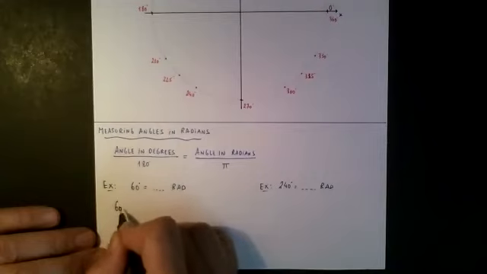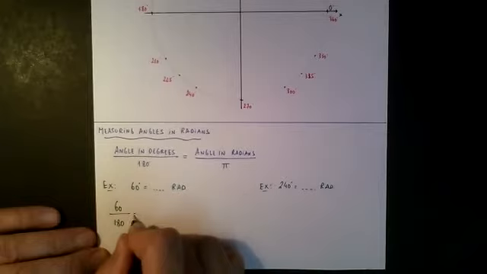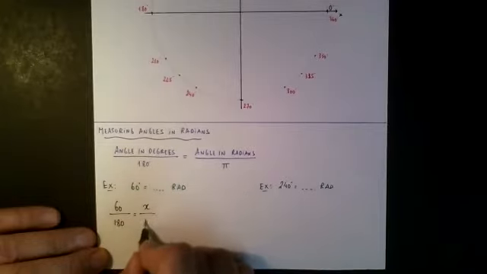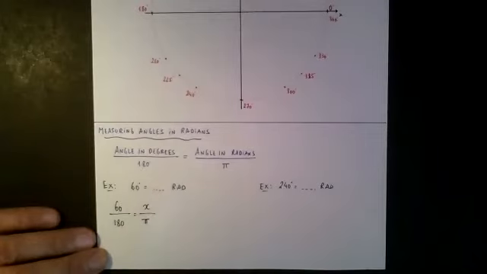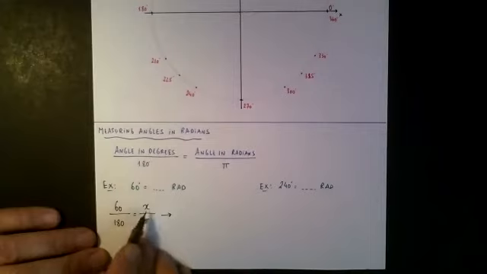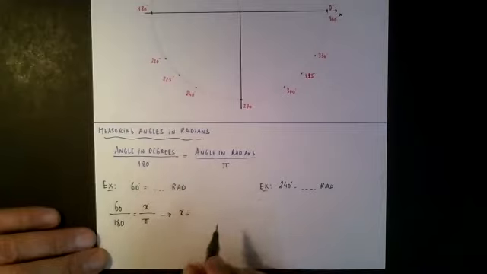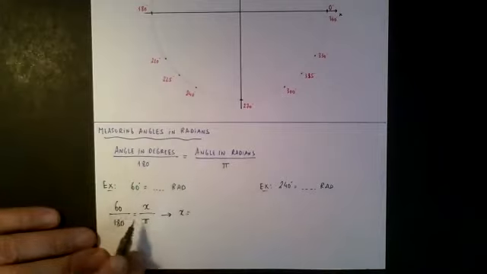So 60 over 180 is equal to the angle in radians, which is what I'm looking for, over pi. And then I'm going to isolate x by sending the pi up here. So x is equal to pi times 60 divided by 180.